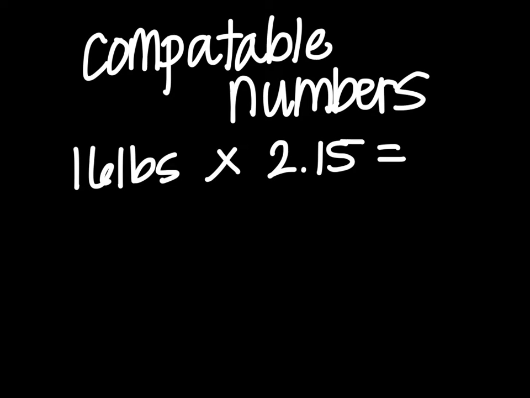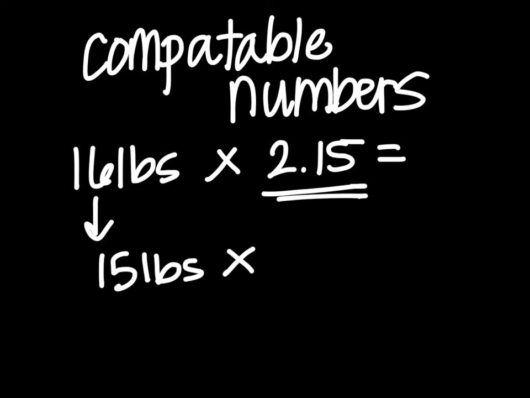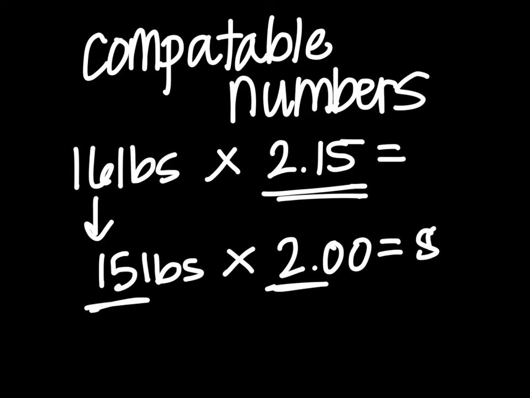Okay, so I am going to use compatible numbers, which I'm going to take that 16 down to 15 pounds, and I'm going to take $2.15 to, again, the nearest whole dollar, which would be 2. So that's going to tell me 15 groups of 2 is 30. So an estimate for the cost of cheese in this situation would be $30.